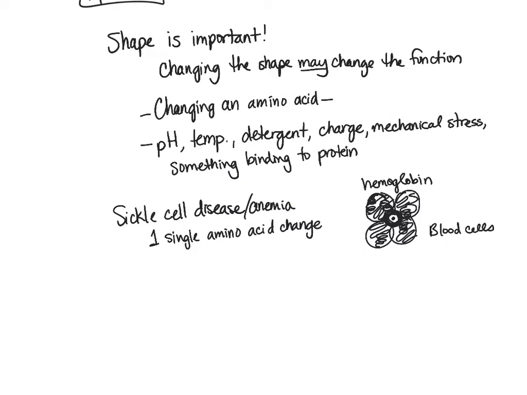Now, if this one single amino acid were to change, then our protein strands end up becoming a different shape. The interactions between the molecules of the different hemoglobin subunits end up crystallizing.